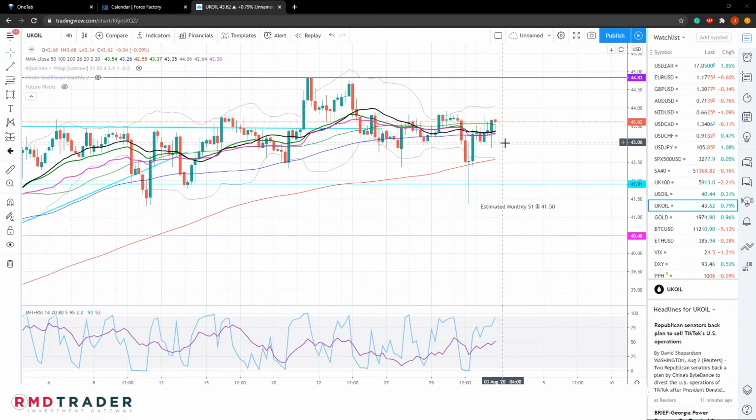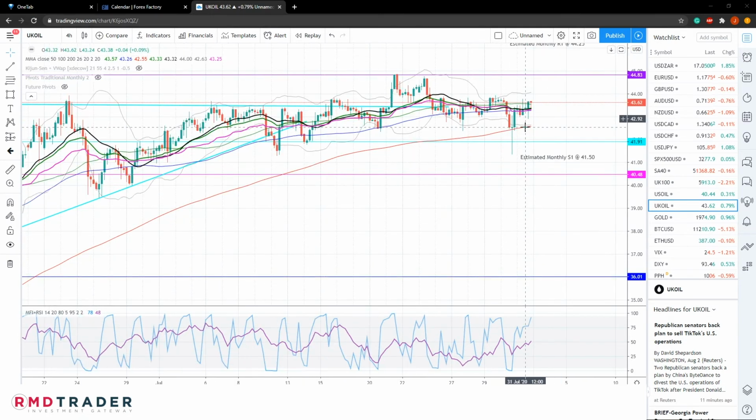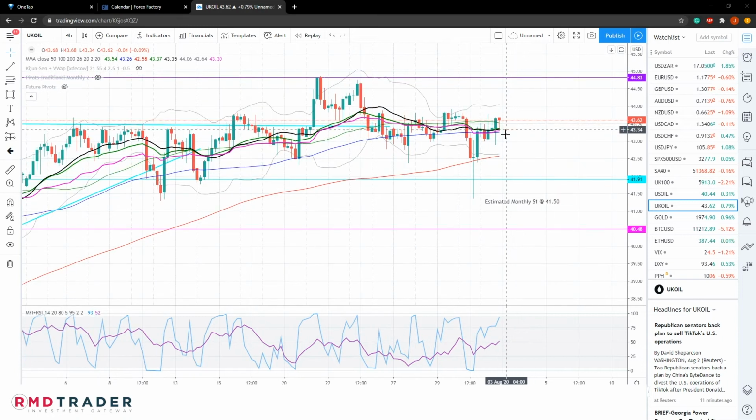The level to currently watch would of course still be this $43.50 area that we've also pointed out in our previous market overview videos. So should we manage to see any form of bullish price action off of this level, we can of course expect the price to move back to that $44.80 level.